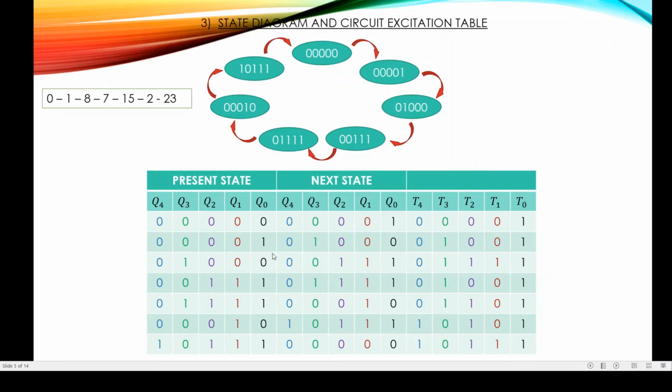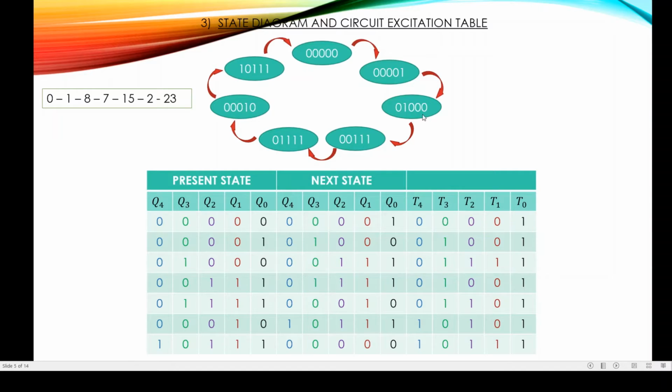After 1, in the state diagram, we move to 8, which is 0 1 0 0. So we put 0 1 0 0 as the next state. Back to the present state, which is now 8, 0 1 0 0, and we move to the number 7. For the present state and next state, we just follow the state diagram.